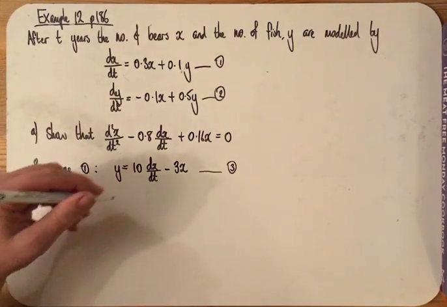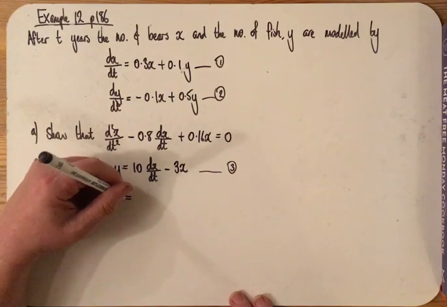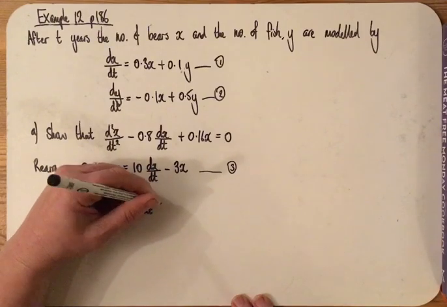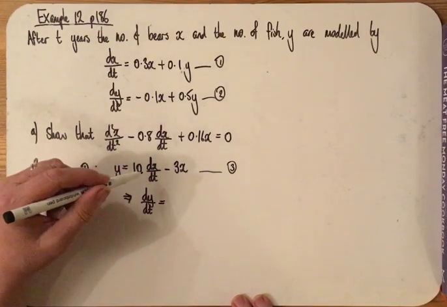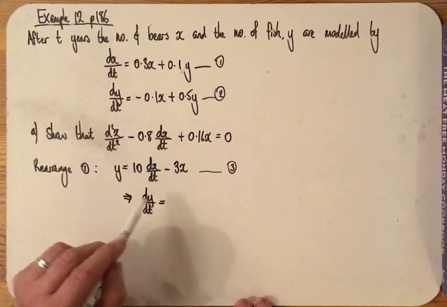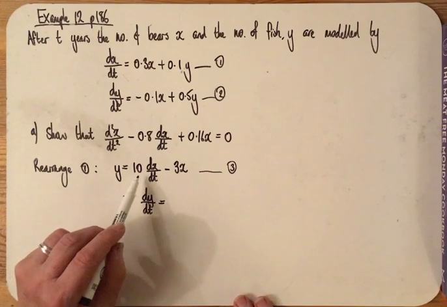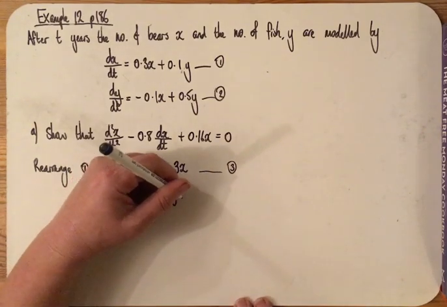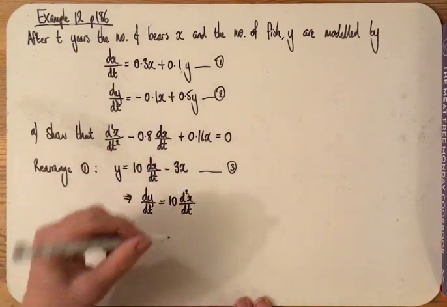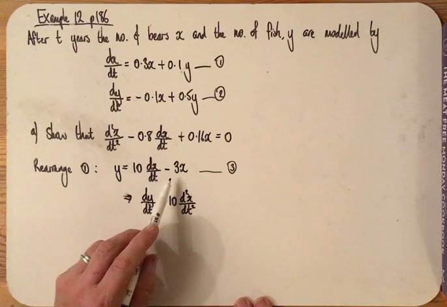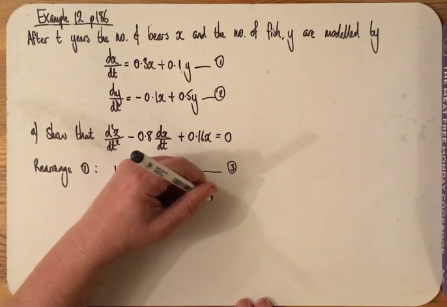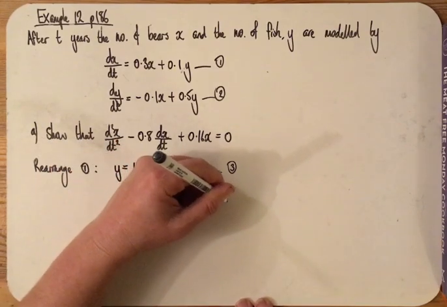And then we can differentiate y with respect to t. So I'm differentiating both sides of the equation with respect to t. This goes to 10 times the second derivative, d2x/dt squared, and then if you differentiate x with respect to t, you get 1 times dx/dt.